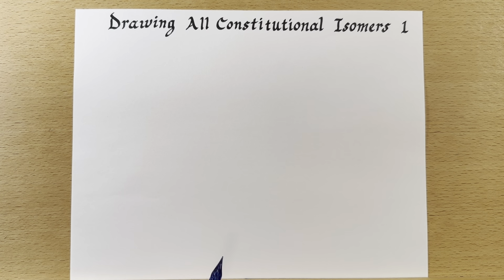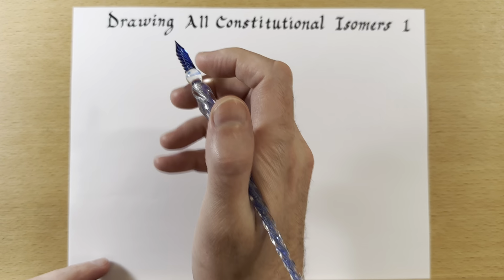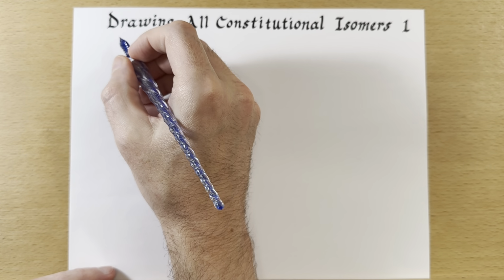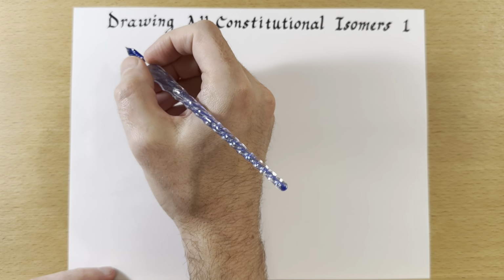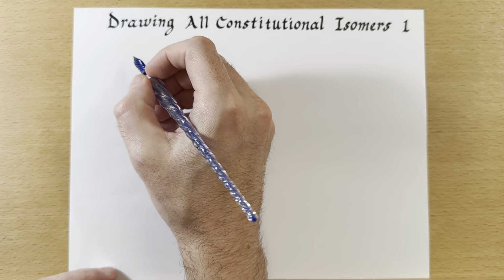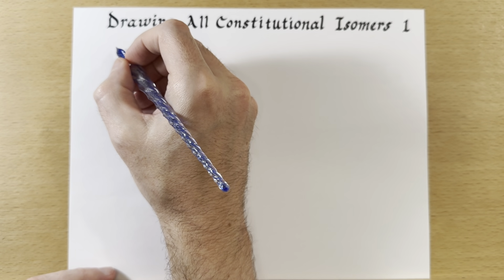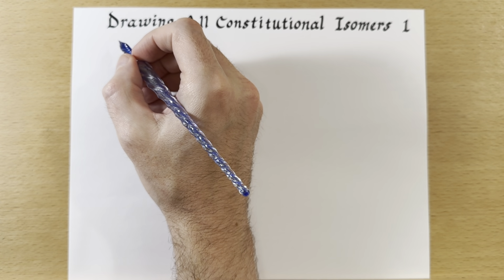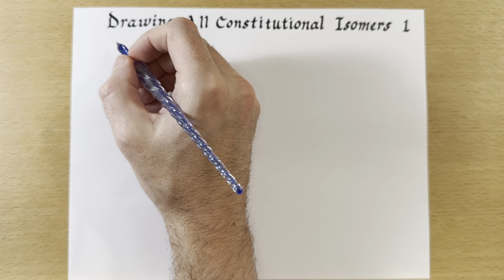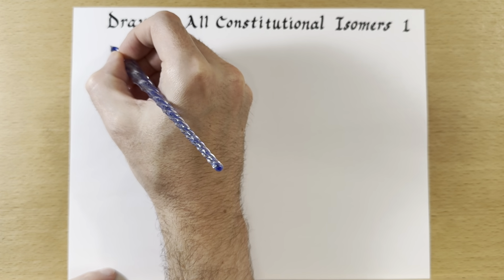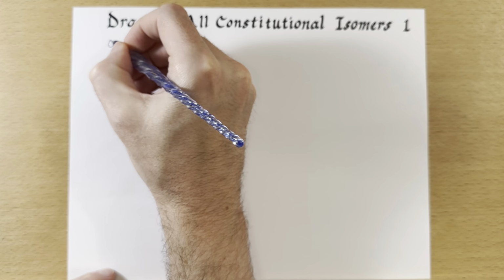I'm going to break this apart into two videos because, well, I chose a bigger molecule and it has a lot of isomers, and I don't want this video to be too long. So it is useful to find the degree of unsaturation for a molecule. So I'll just mention that.